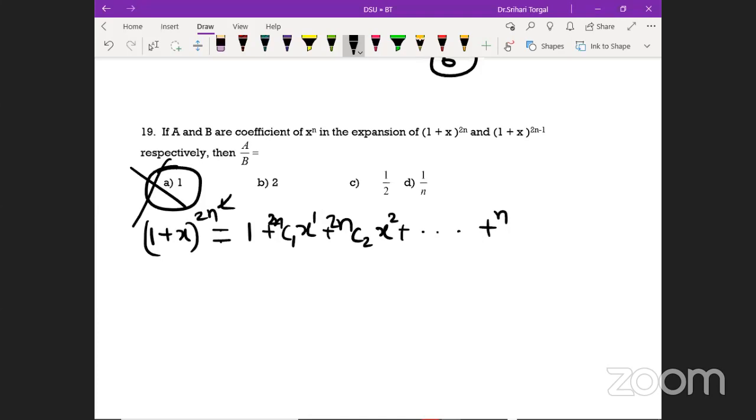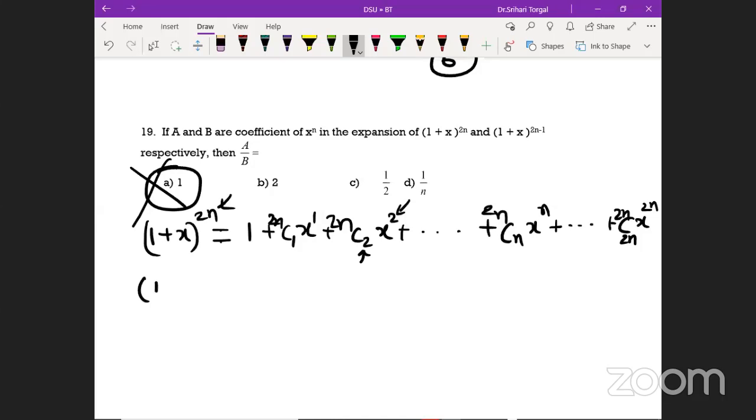Whatever is there, 2ncn x power n. If you continue this, you will get the last term as 2nc2n x power 2n. This is how you have to expand this.